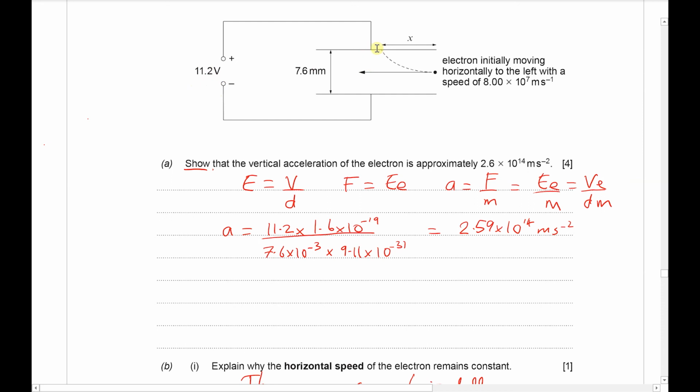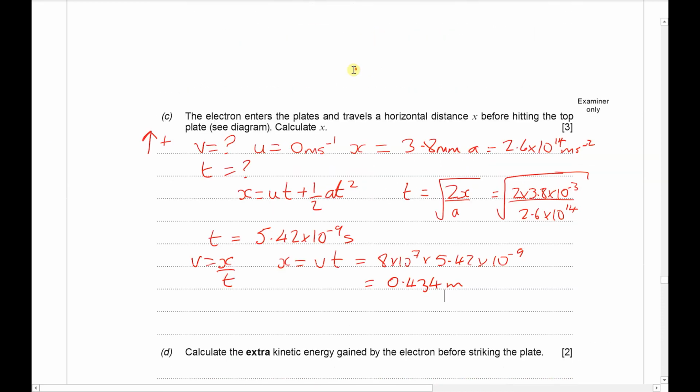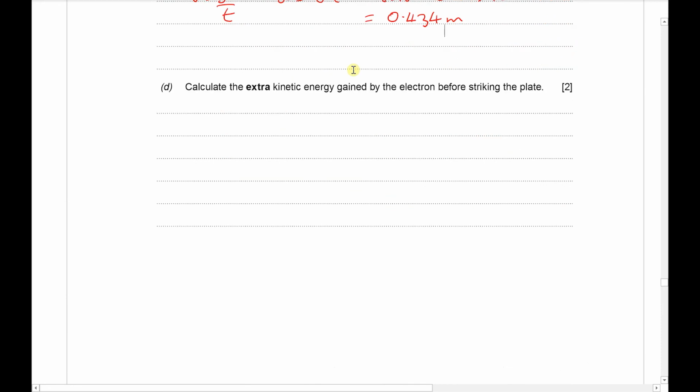And it moves to a potential of 11.2 volts, so it moves through a potential difference of 5.6 volts. When an electron moves through a potential difference of V volts, it gains that many electron volts worth of energy. So we can simply write down here, the answer would be 5.6 electron volts.